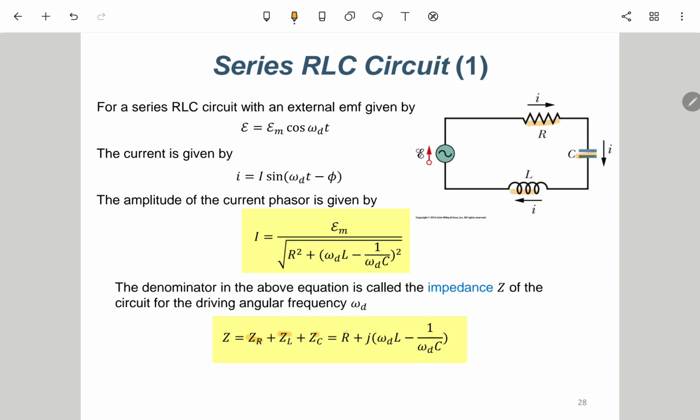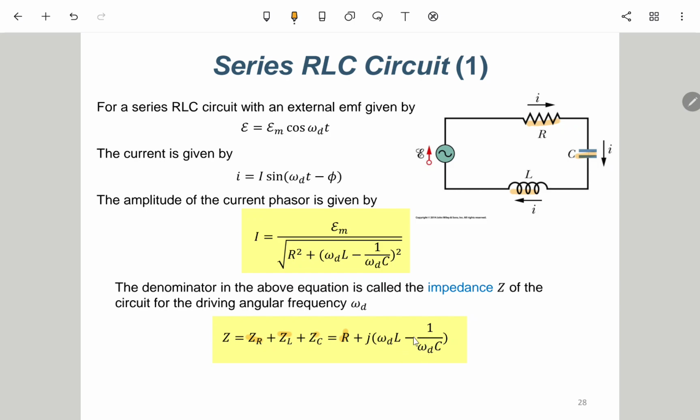The impedance of R is nothing but R, the impedance Z_L is j omega L, and Z_C is 1 over j omega C. If we put this j to the top, we have j squared equal to -1.